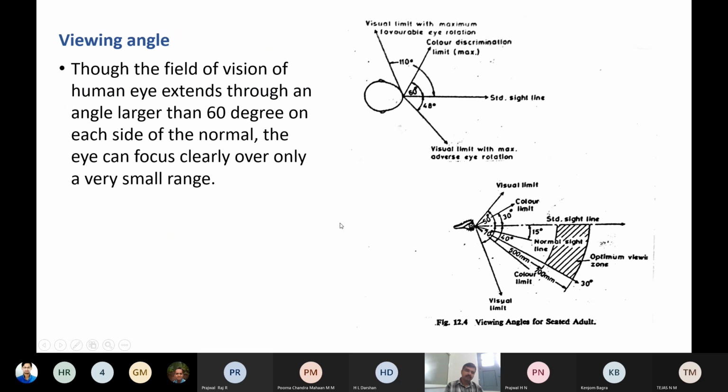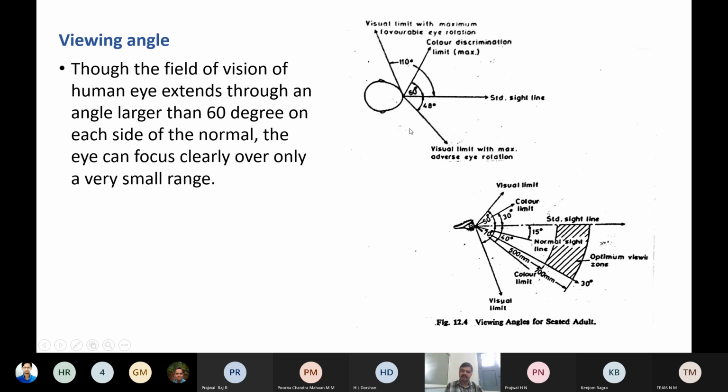Okay. Next, viewing angle. Though the field of vision of the human eye extends through an angle larger than 60 degree on each side of the normal. If this is the normal, that is if you look straight, that is the normal. Based on the observation, man can view up to 60 degree on left and right side.